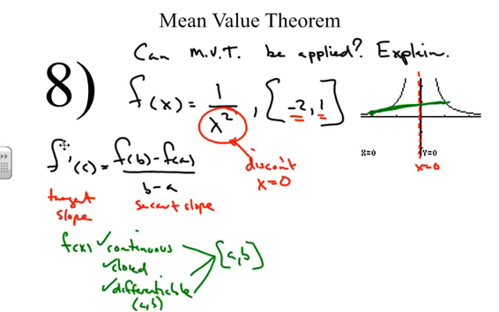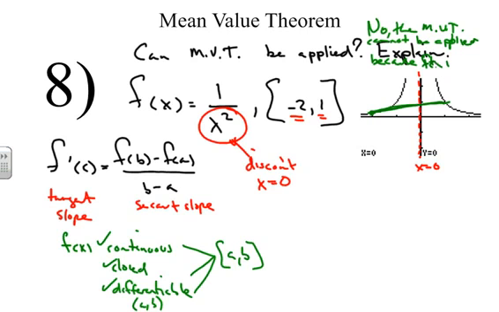Because it's not continuous on the interval from a to b, the answer to can the mean value theorem be applied is no. It cannot be applied. Why? Because no, the mean value theorem, MVT, cannot be applied. Whoops, can't spell. Applied. Because it is not continuous on the interval.